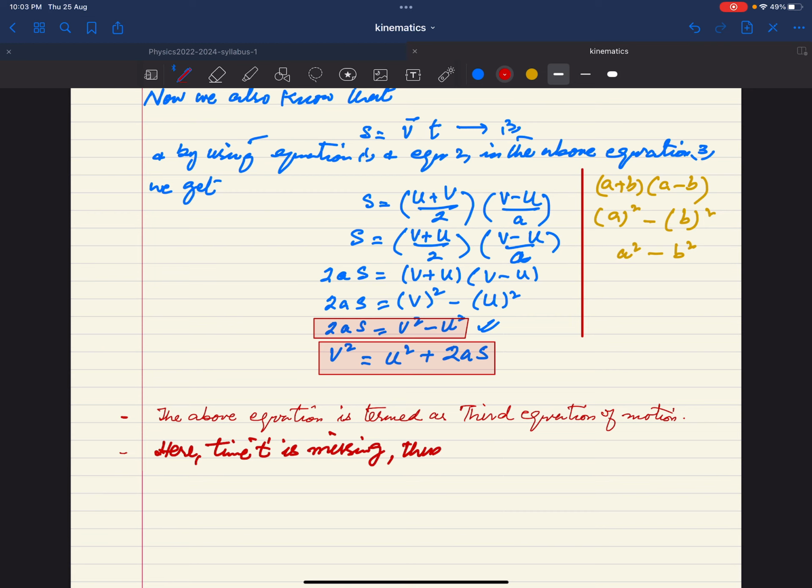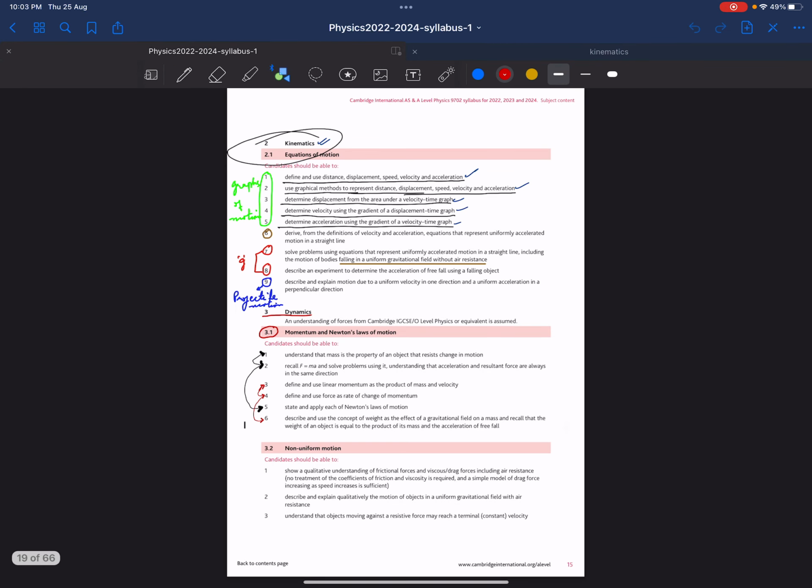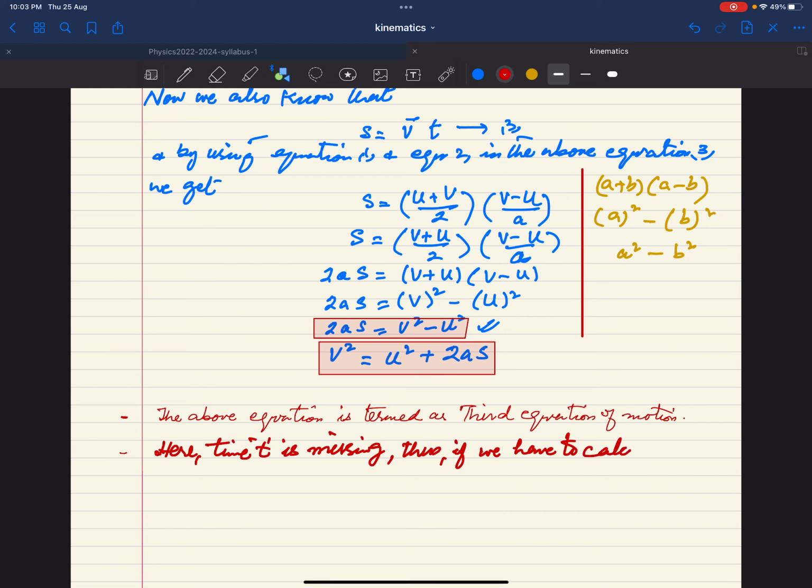Thus, if we have to calculate, suppose, the displacement, and V and U and acceleration are given, then we can use the above equation, or the third equation of motion.